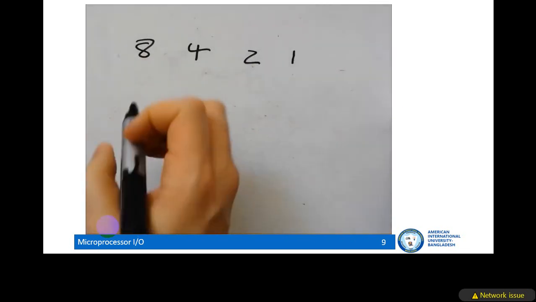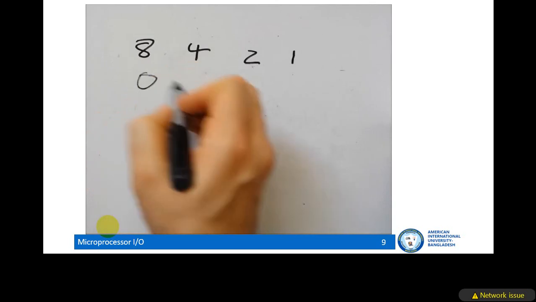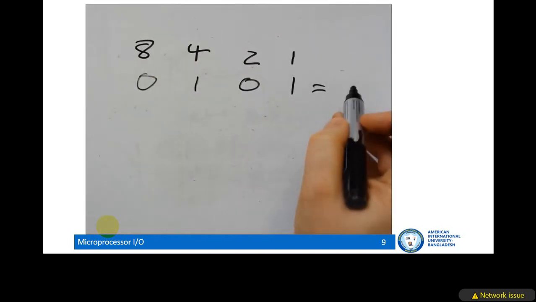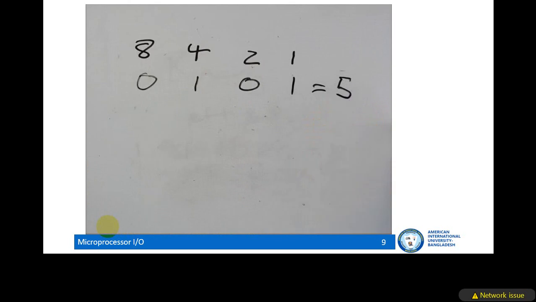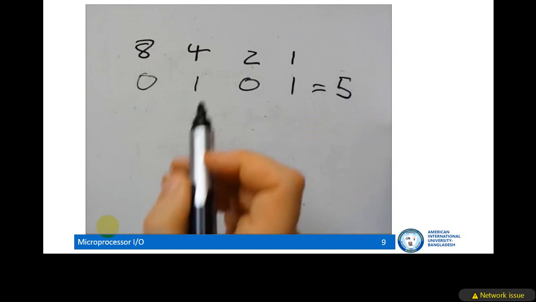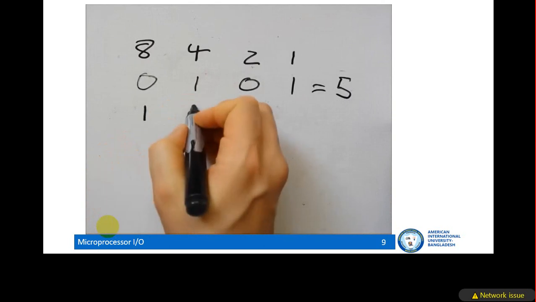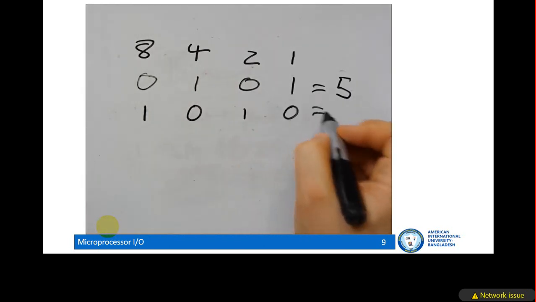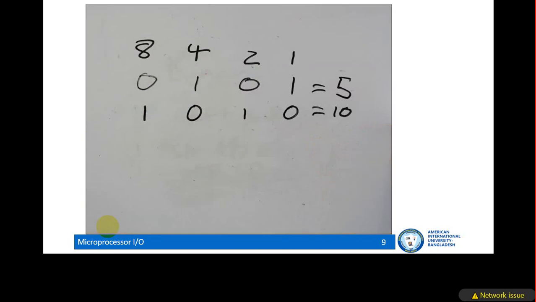Let's take 0, 1, 0, 1. This is equal to 5. So when we left shift, it should be equal to 10. So we left shift, so 1, 0, 1, and then put in the 0, because we haven't got one. And that is equal to 10.